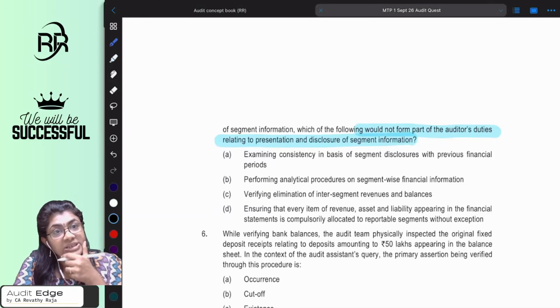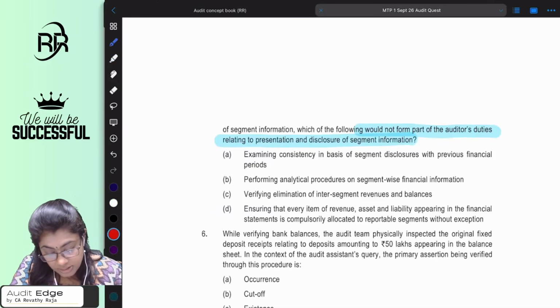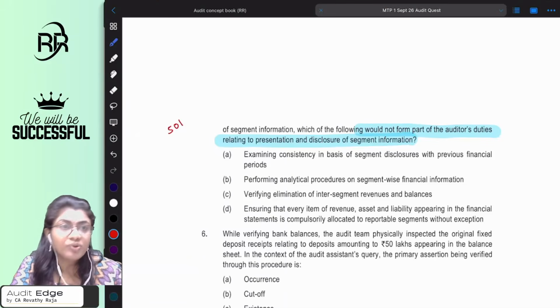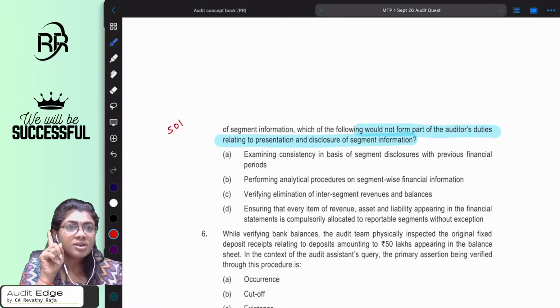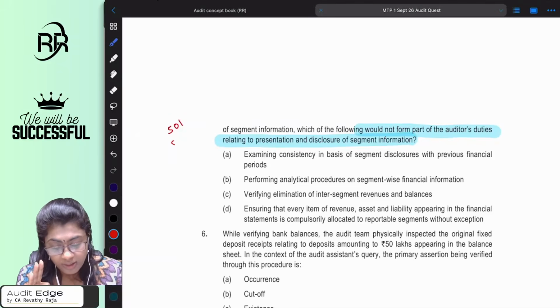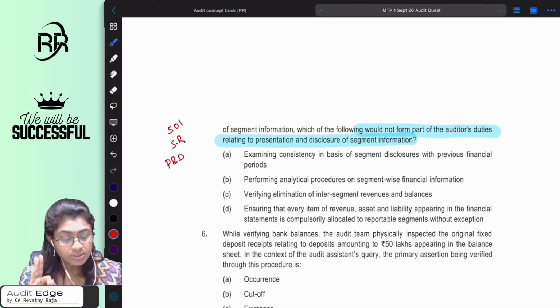So, which topic is it related to? It is relating to SA 501. Audit evidence, specific considerations regarding selected items, 3 selected items: inventory, litigation and claims, segment reporting. In segment reporting, in SA 501, you are supposed to check the presentation and disclosure.